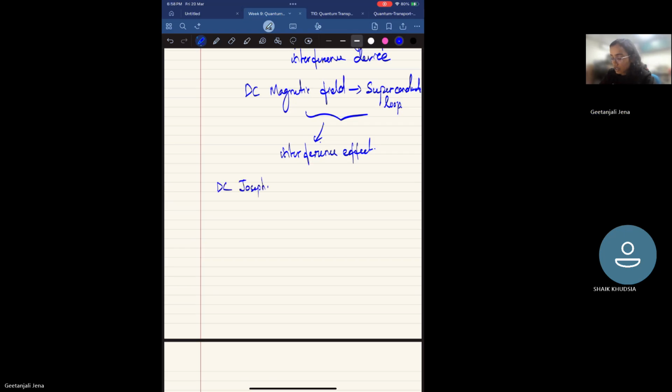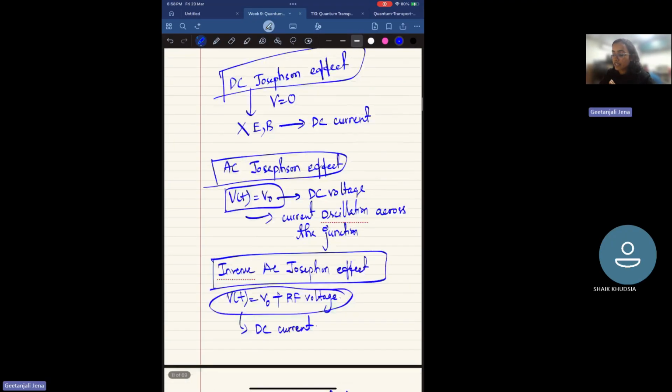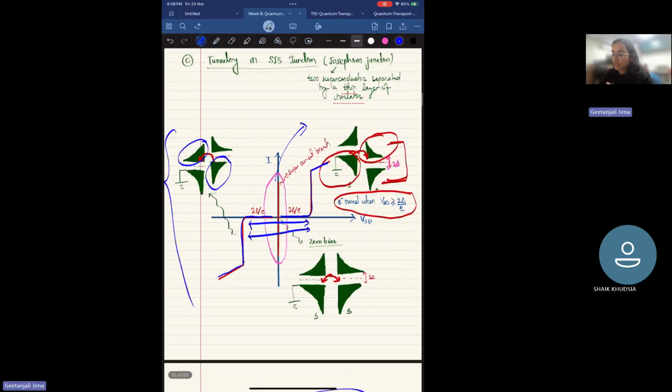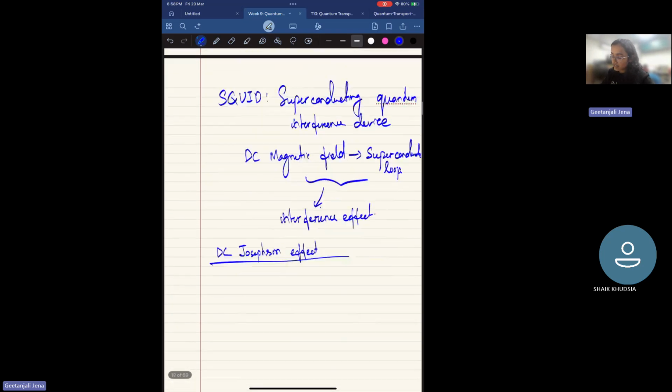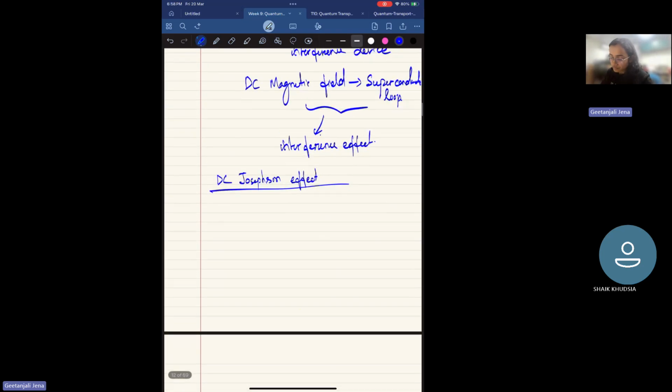I will just tell you the different unique effects that we'll see. For the DC Josephson effect, we don't apply any magnetic field or any bias, but even then we see a current, the supercurrent branch that we have seen here. Let us see why we are seeing this supercurrent branch.